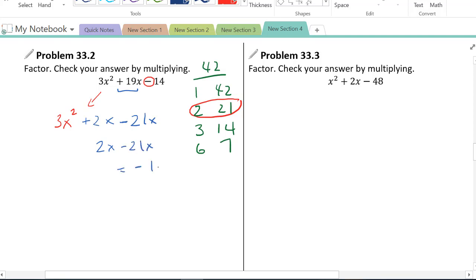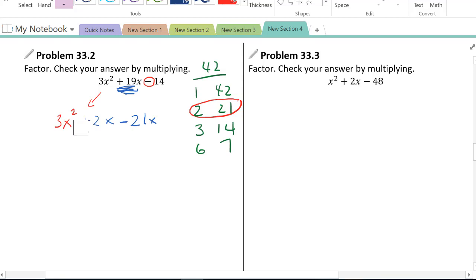That would give me a negative 19x, right? So that technically doesn't work, because I need a positive 19x, not a negative 19x. So you can't use a positive 2x and a negative 21x.